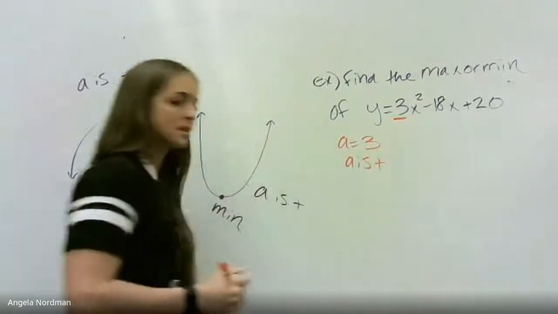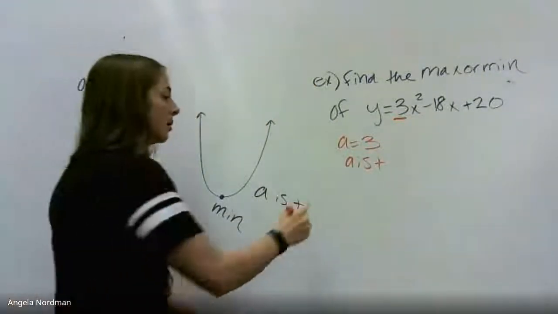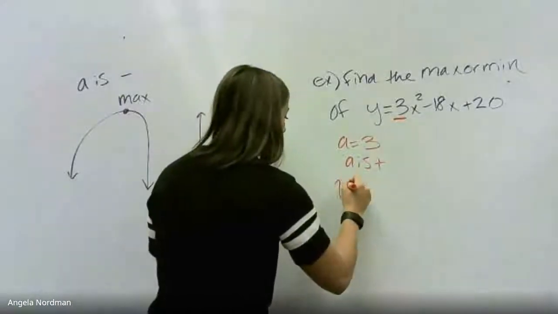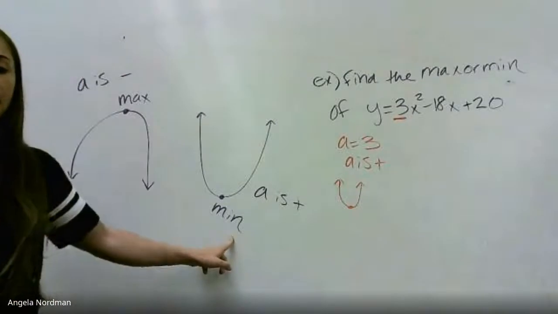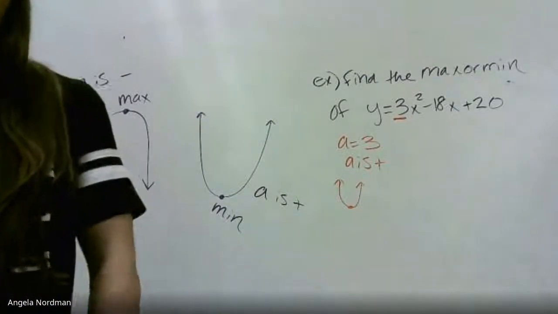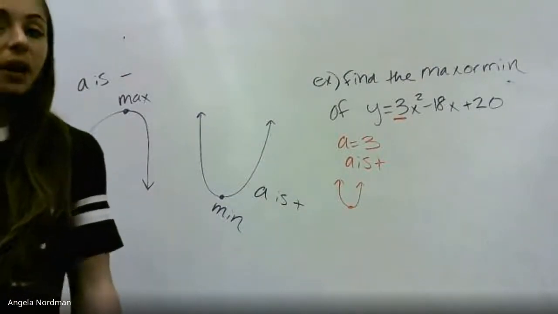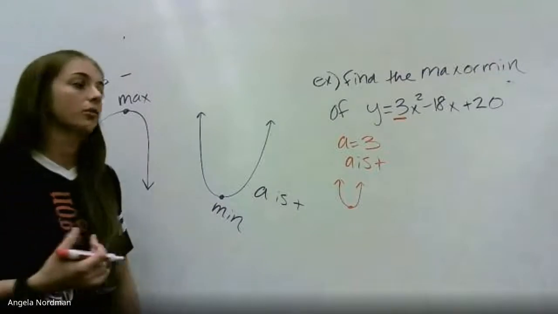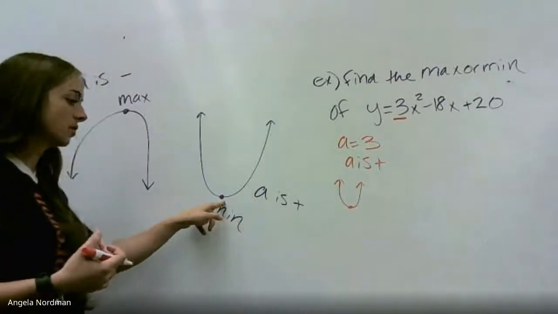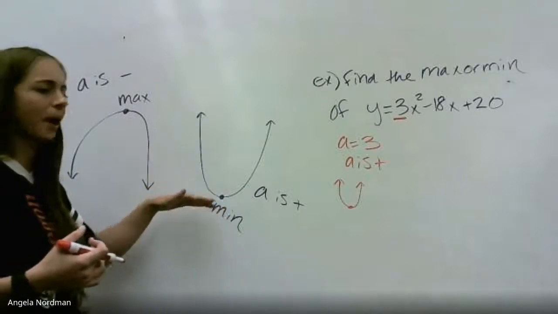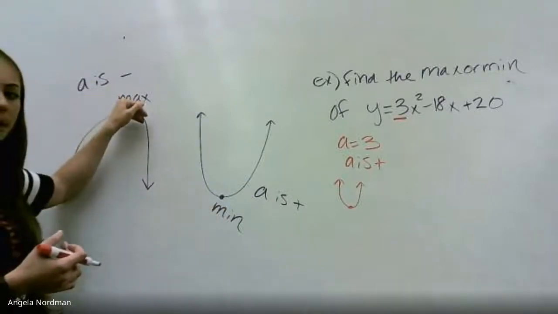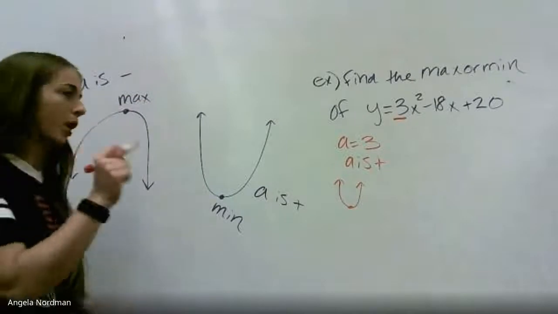If A is positive, two things happen. My parabola opens up, and I also know that I'm going to have a minimum point. So how I want to find my minimum point is how I actually find my vertex, right? The very tippy bottom, the very lowest point, or the tippy top, is that middle point in my parabola.